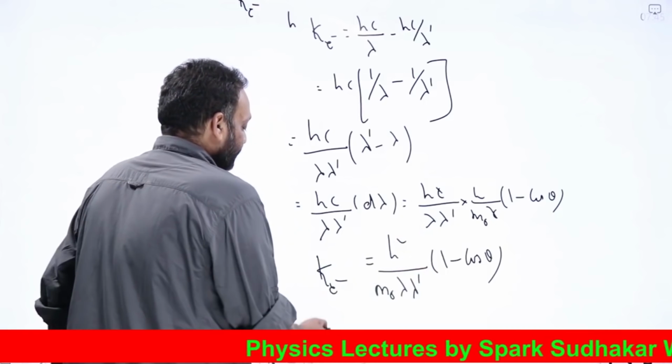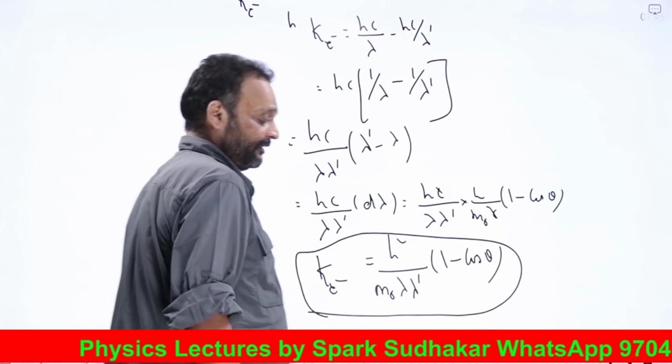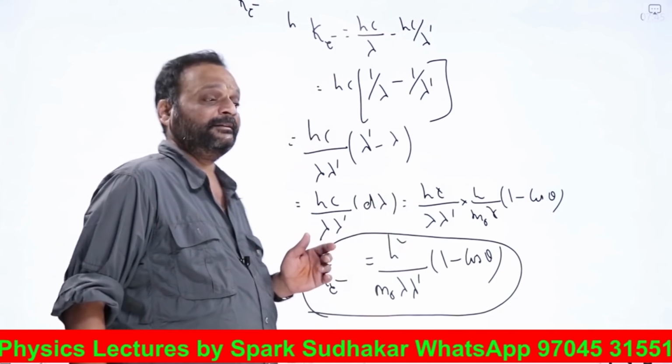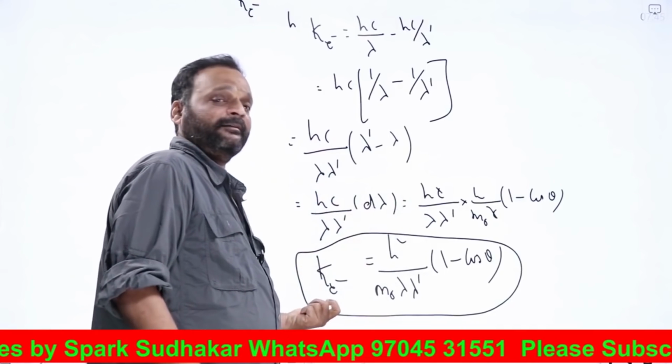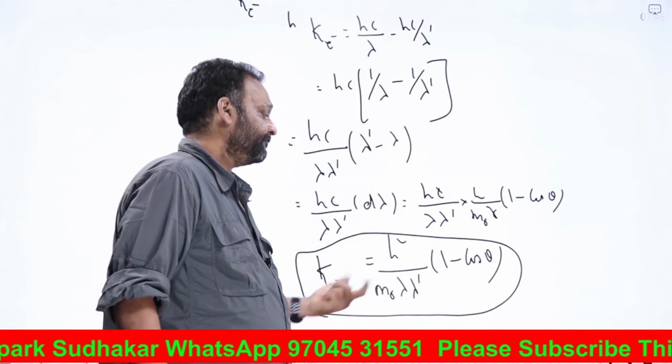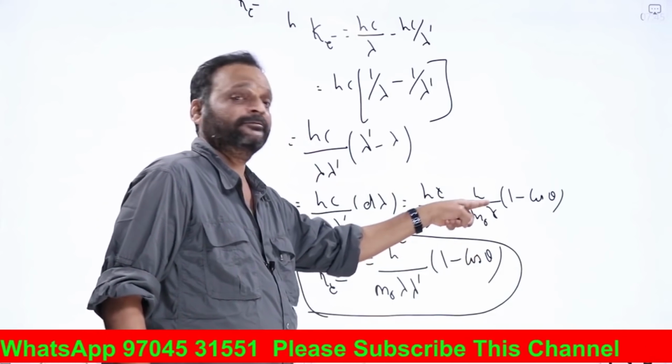When will this kinetic energy be maximum? The electron acquires maximum kinetic energy when our incident photon loses maximum energy, and that happens when theta equals 180 degrees.